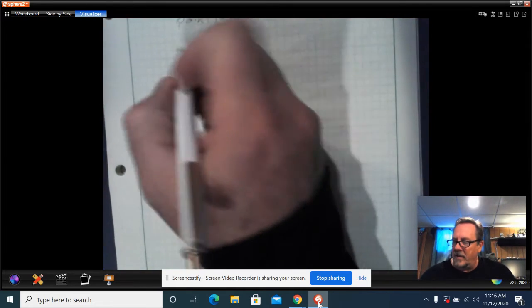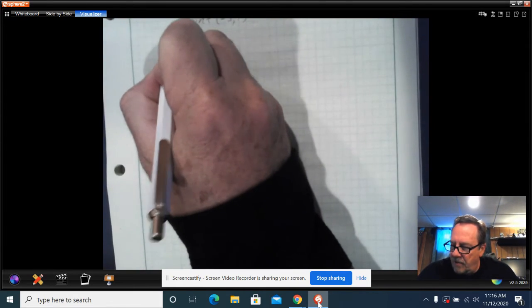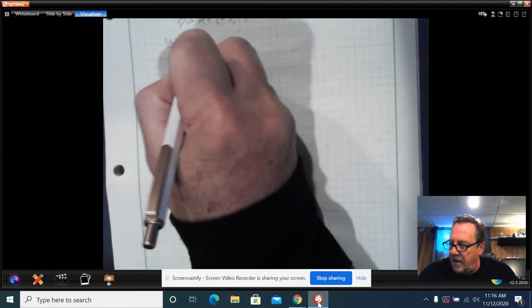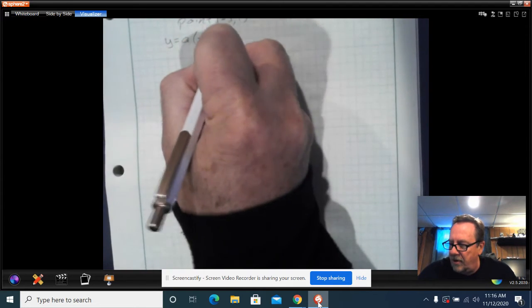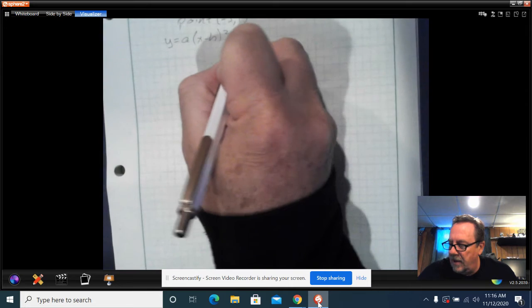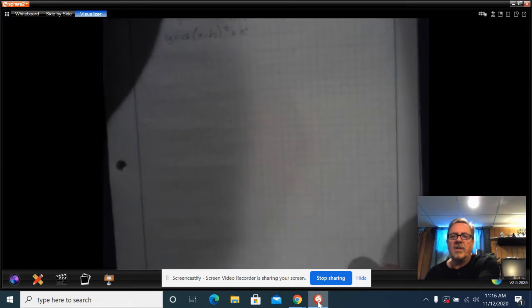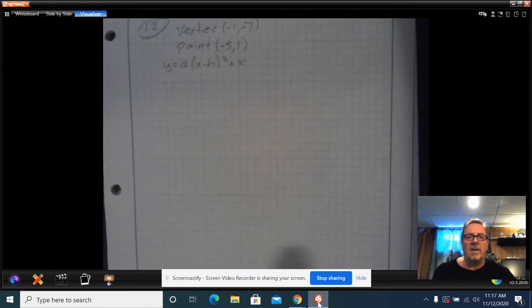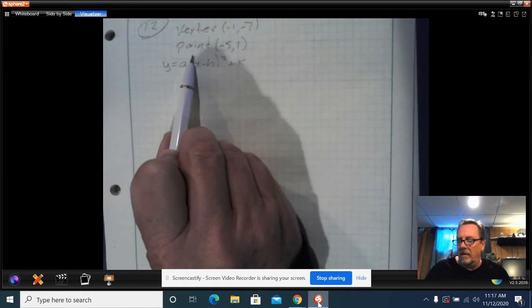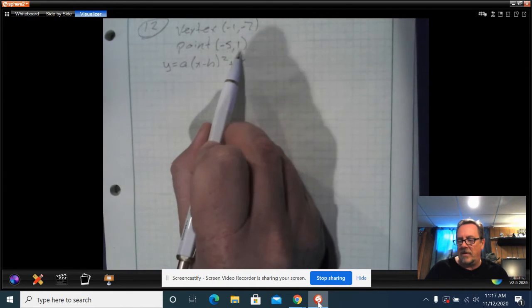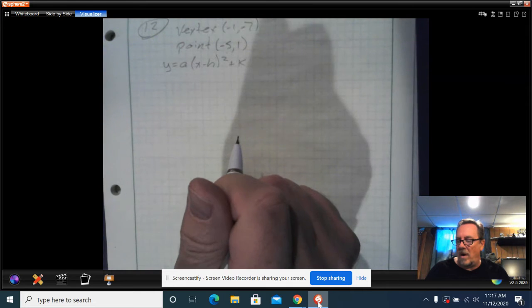If the vertex is there, remember vertex form is y is equal to a times x minus h quantity squared plus k. So if the vertex is at -1, -7, I can fill that information in here. And at the same time, the point, -5, 1, gives me an x and a y value, so I'm going to fill those in as well.